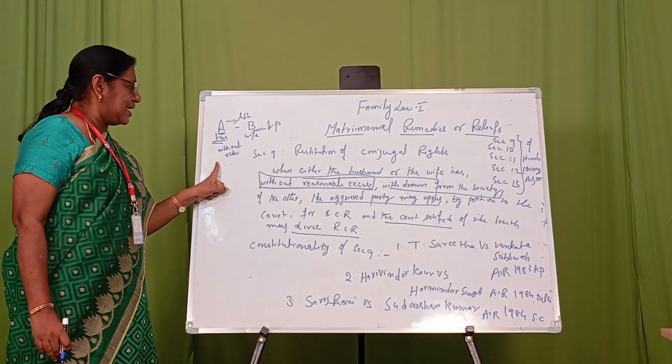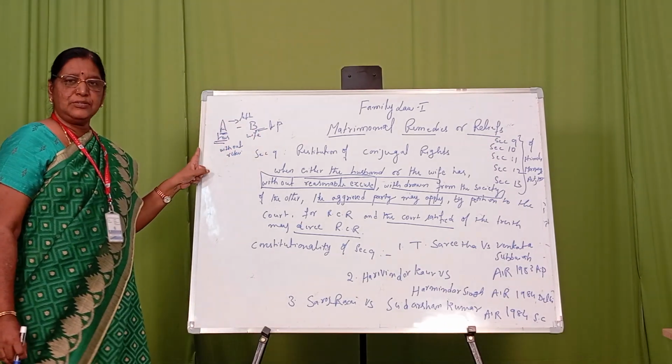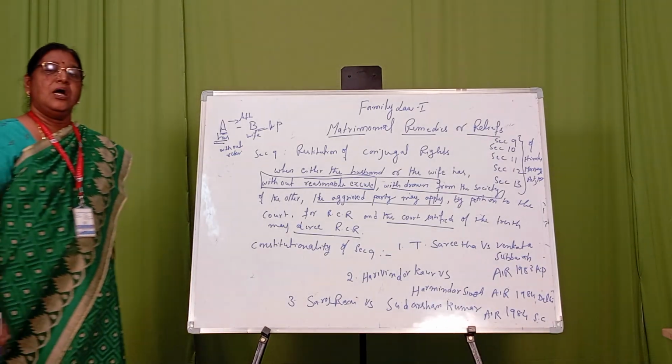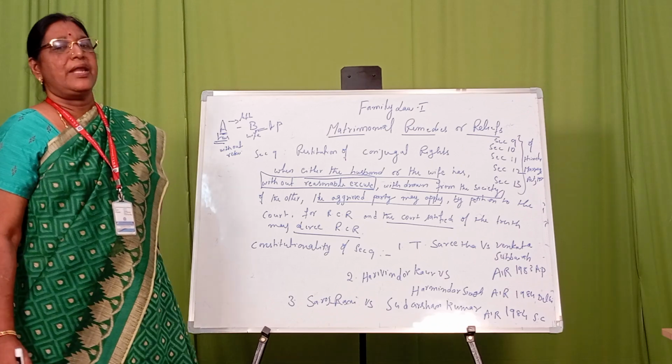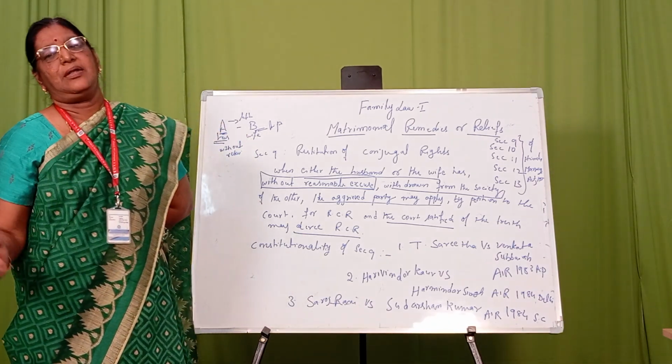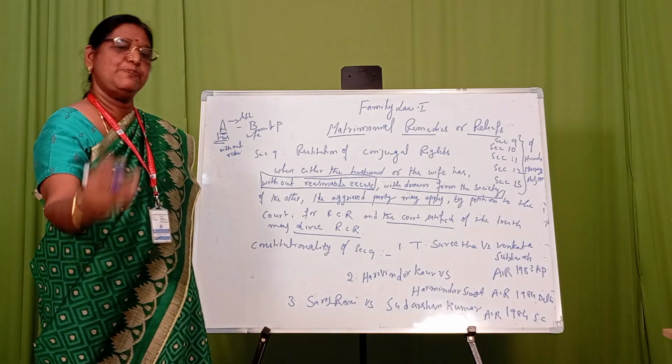If no reason is there, then the court directs him to go and join your party. That is restitution of conjugal rights. In this Section 9, the court directs the party to go and join your spouse.